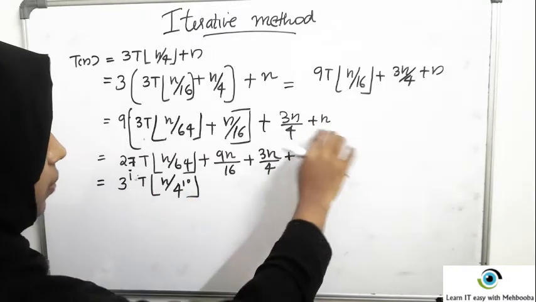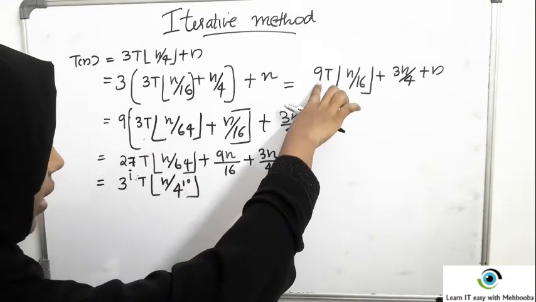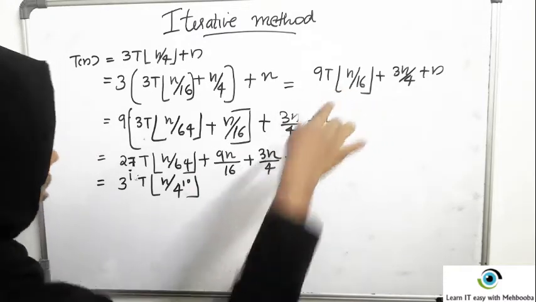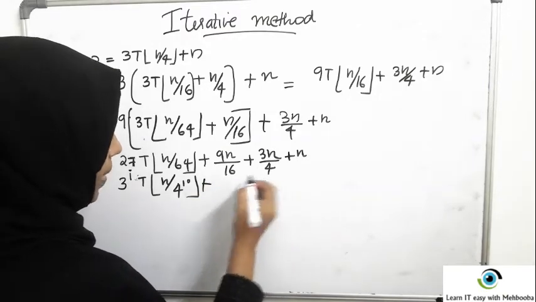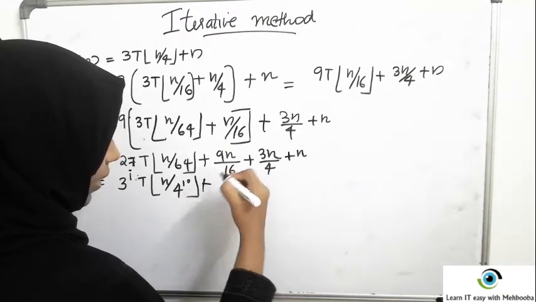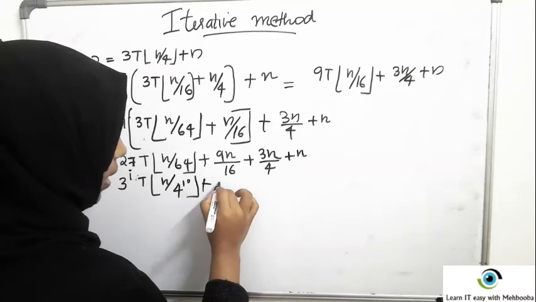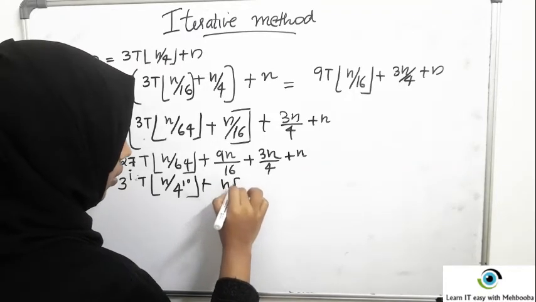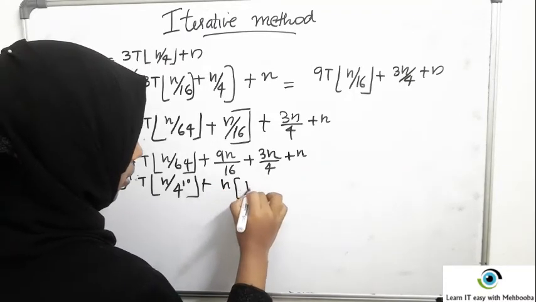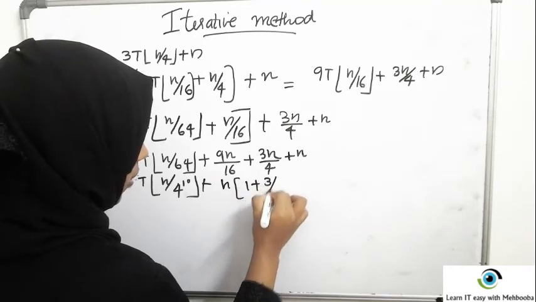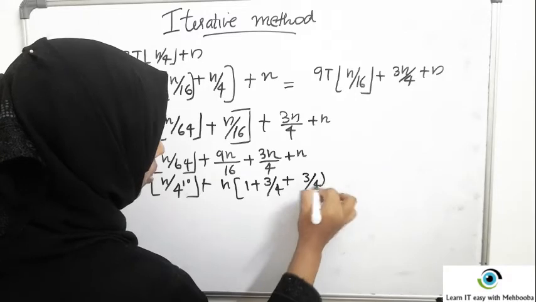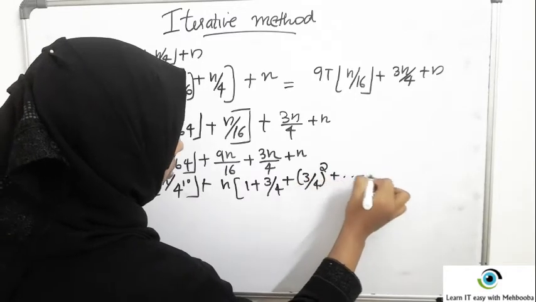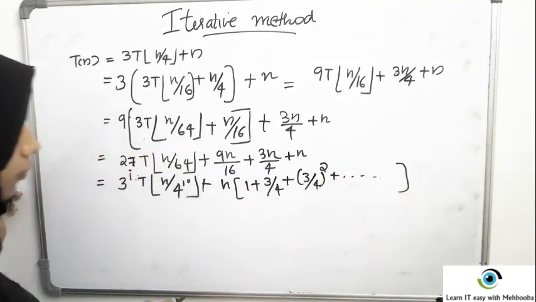In this case again, 3 raised to 2, 4 raised to 2. So that is the pattern. Now n plus 3n by 4 plus 9n by 16, and it goes on like that. If we take n out, that is n into 1 plus 3 by 4 plus 3 by 4 the whole square, and it goes on like that.